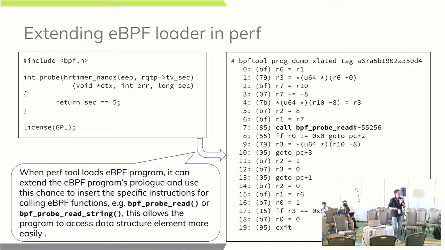The reason is that the Perf tool inserts specific instructions to help read out this data structure, and when this function returns, it also passes the function's return value to this program. So finally it extends this function, and then the eBPF program can easily access the data structure elements. So this is one thing about the extension.